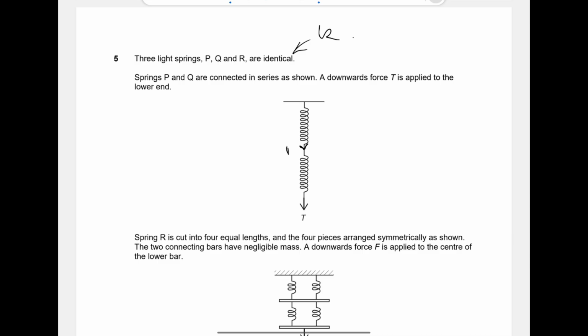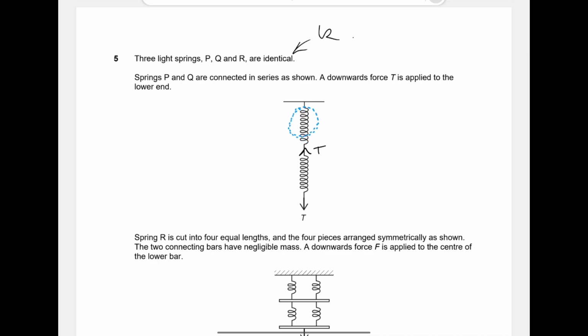So over here, this spring is also going to experience a force T. You can think about that in this way. If we think about this spring over here, it's going to have a force T downwards, and we assume it's massless. So to remain in equilibrium, it needs to have a force T upward. That's put by the spring above it.